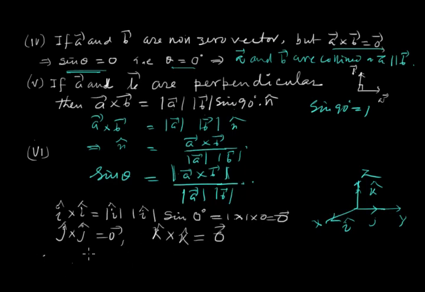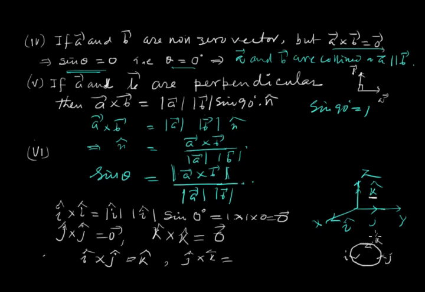What about i cross j? As you know, in the cross product the direction is perpendicular to the plane of i and j. And for the plane of i and j, we have found the unit vector k cap. So we can write this is equal to k cap. Similarly, j cross k: you can draw this picture of i, j, k.